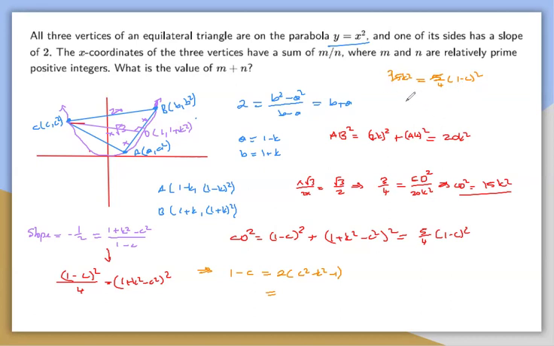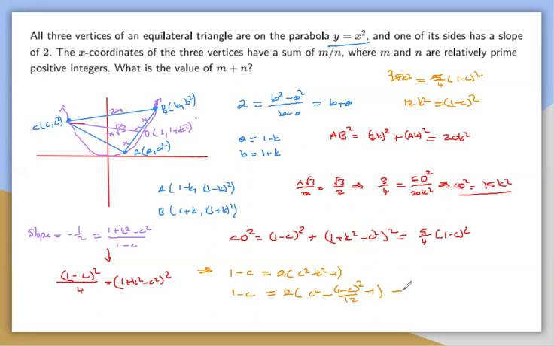Multiply by 4, so that should be 12k squared is equal to (1 minus C) to the second power. Then I can divide by 12 to get k squared. So that should be 1 minus C is equal to 2 times (C squared minus K squared), which is gonna be (1 minus C) squared divided by 12, and then minus 1.